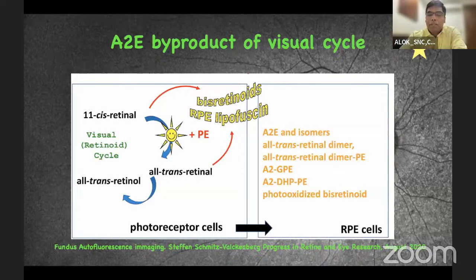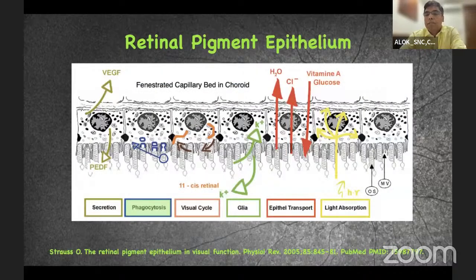But some of these all-trans retinal or retinal aldehydes undergo a non-enzymatic reaction with lipids in the outer segment of the photoreceptor to form lipofuscin, which is the major autofluorescence fluorophore in the eye.